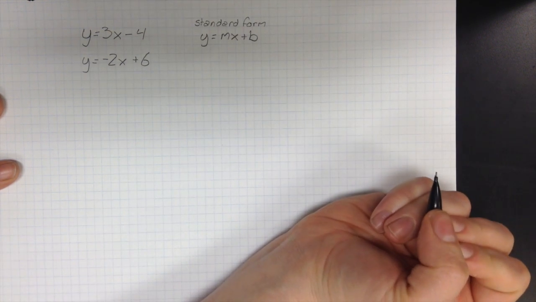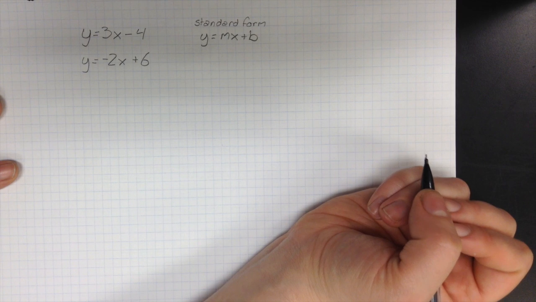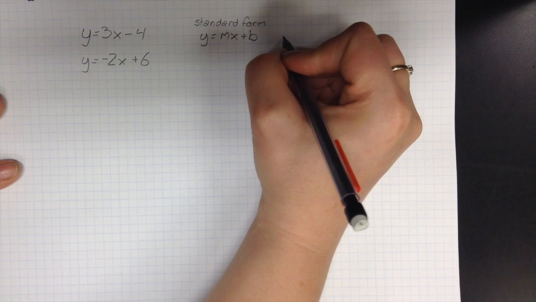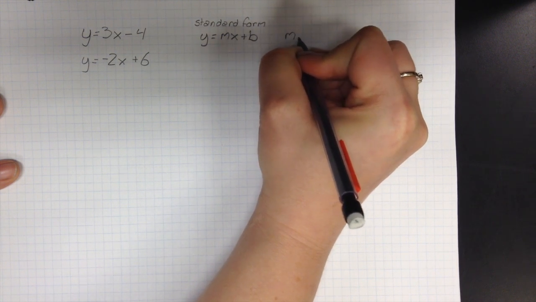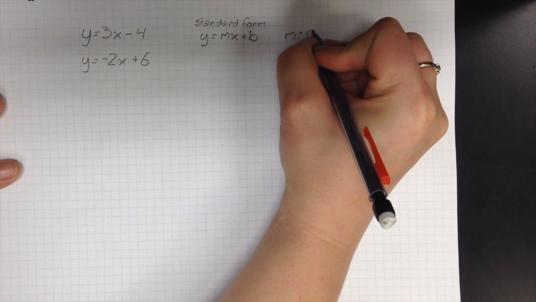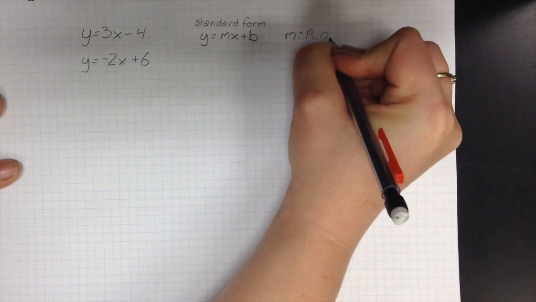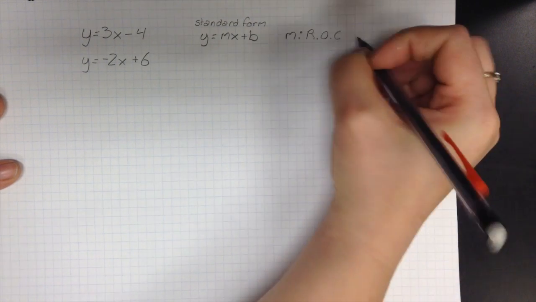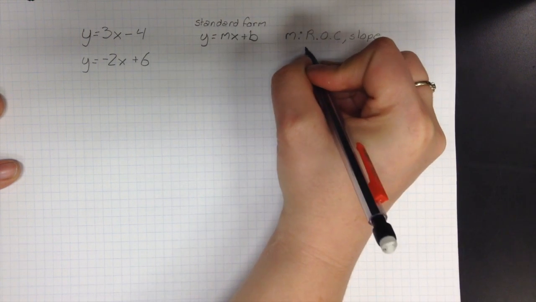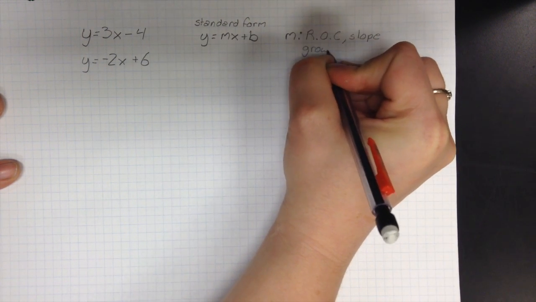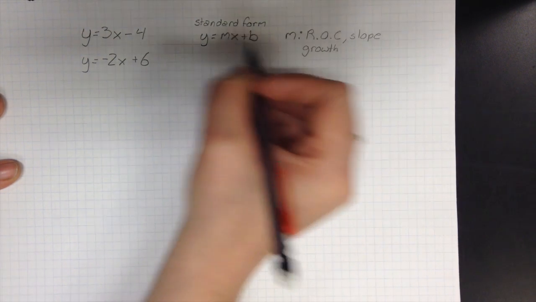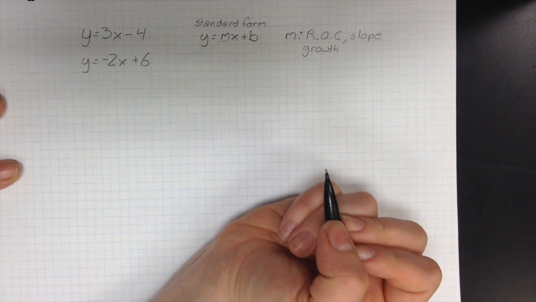I know some of you have seen that before, but I think that we're starting to forget what our m and our b actually stand for. So our m goes by a couple of different names. That could be rate of change, I'm going to abbreviate that ROC, or some people call it the slope, and some people call it the growth, and usually that's referred to with our variable m over here.